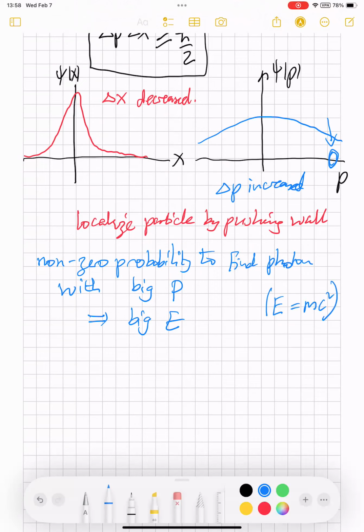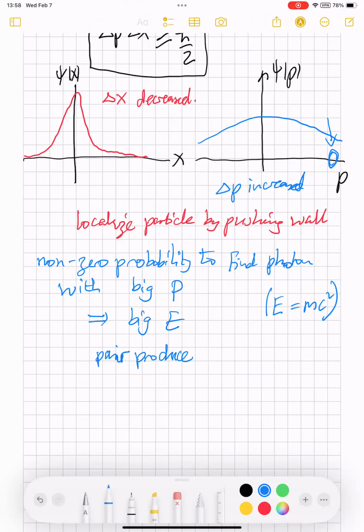So if you squash this container enough, you will give the photon such a large amount of momentum, such a large amount of energy that it can actually pair produce. That photon can produce, say, an electron-positron pair together with the photon.